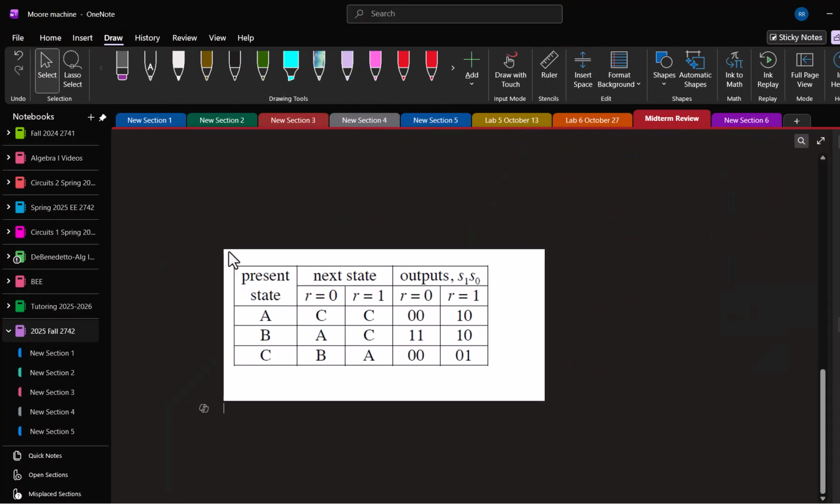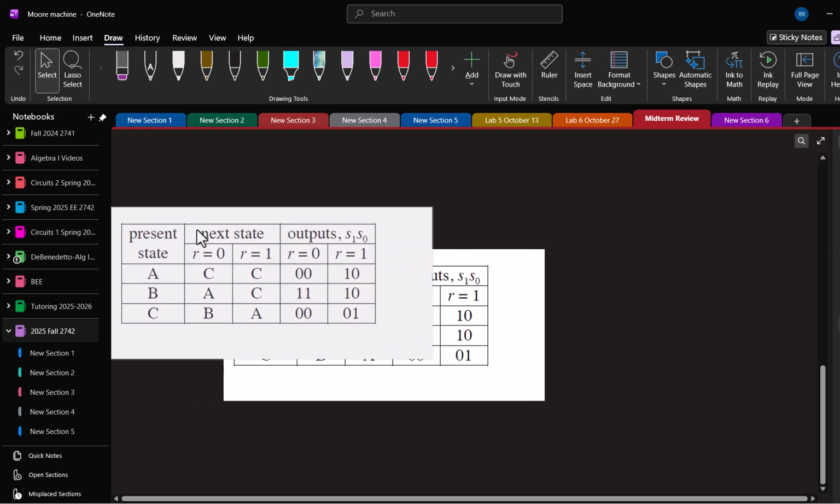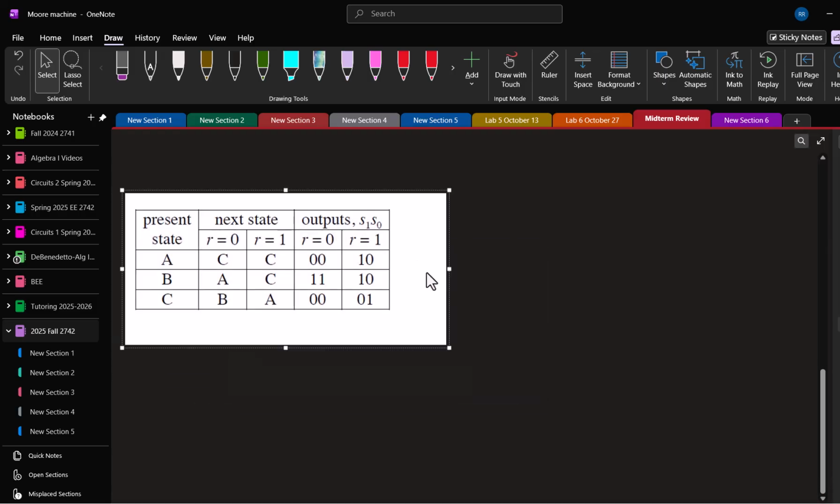So I know a couple things that I can start with right away. I do want to do the state diagram first, but we'll just go ahead and do the state diagram, and then I'm not going to do a state table because we don't need to do a state table.